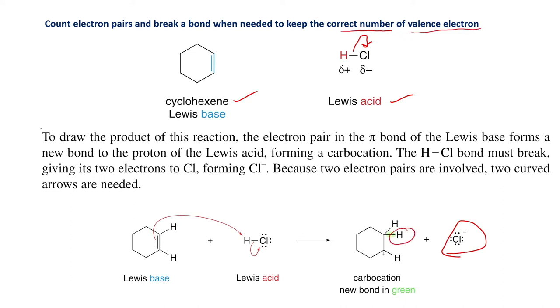So in this example you can see the cyclohexene double bond, this pi bond, is reacting with this electron-deficient species, the proton, and forming a new single bond, which you can see in green color, and on the other side you can see this carbocation is forming and this chlorine is coming out.